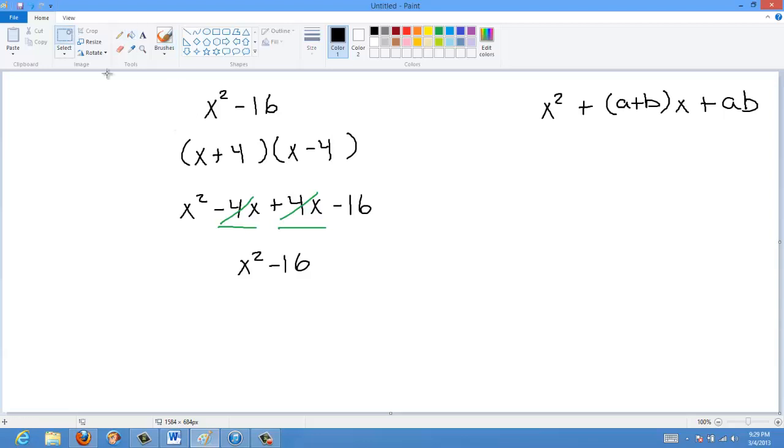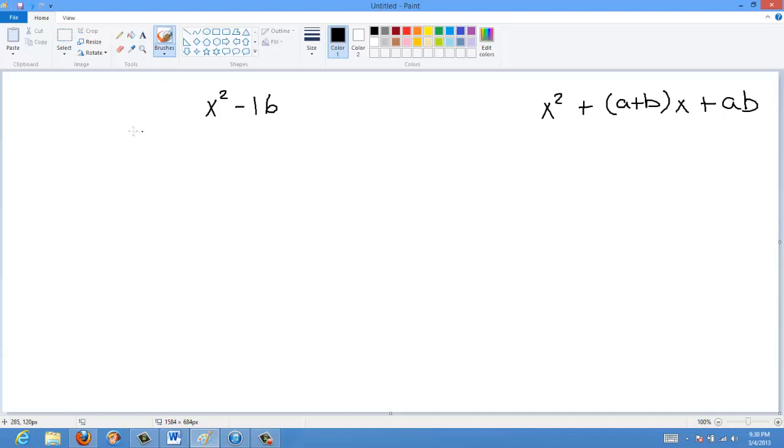And this is the case all the time when you have difference of squares. So this is called the difference of squares. Now why is it called difference of squares?